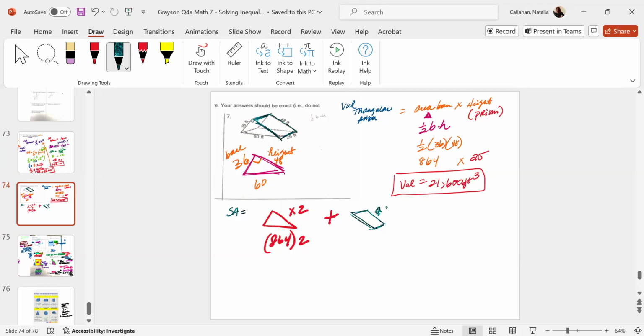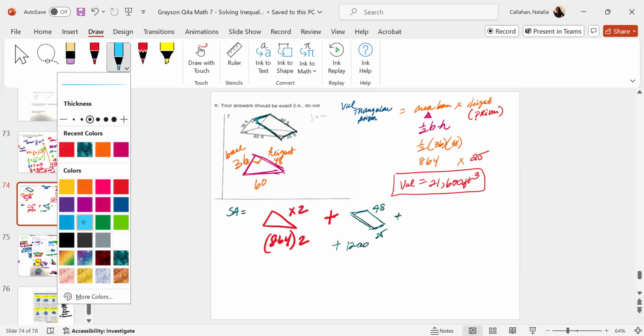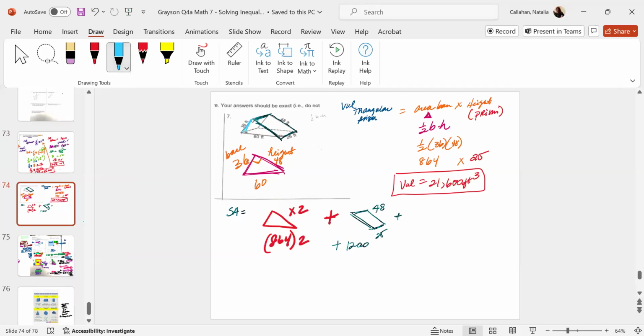Multiply together. What's another face that we have not found yet? Let me know when you're ready.